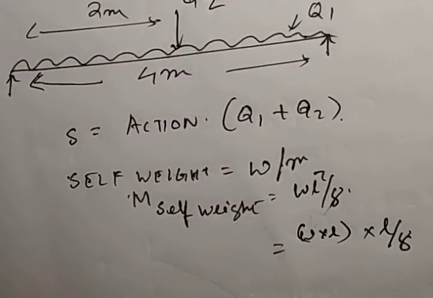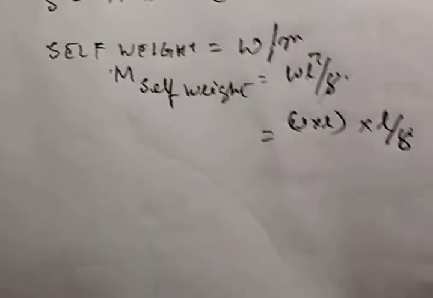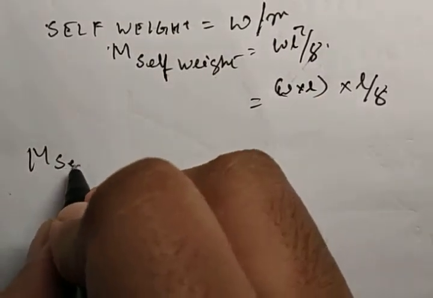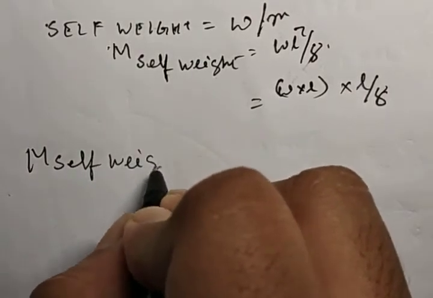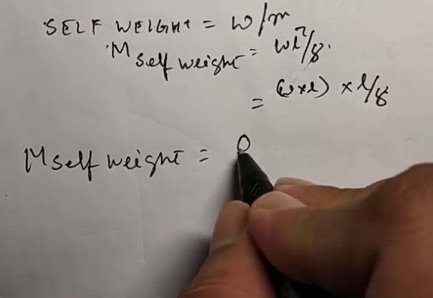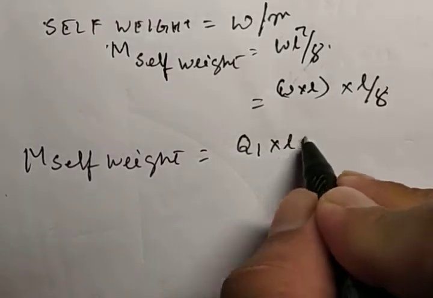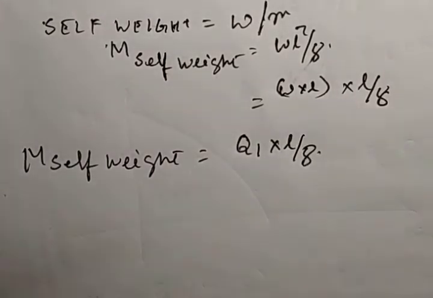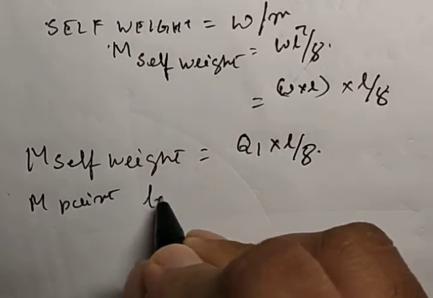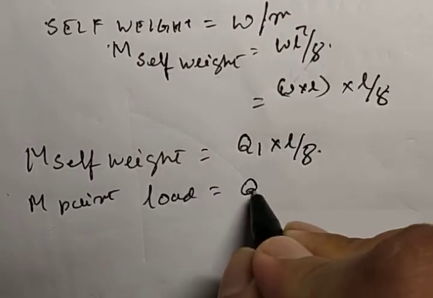Let me write here. The moment due to self weight shall be W into L, and here W into L is Q1, so Q1 into L by 8. And the next one is the moment due to the point load. The point load is Q2.